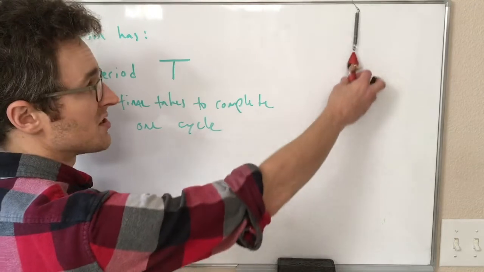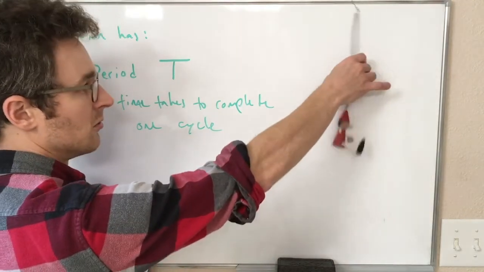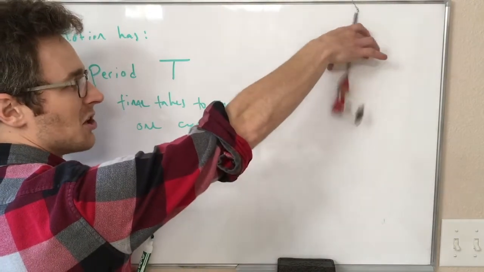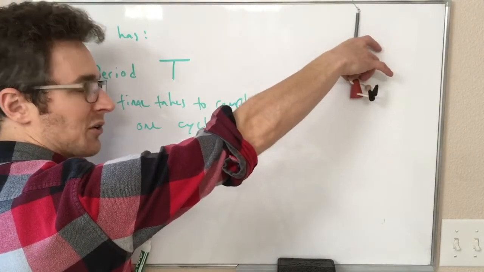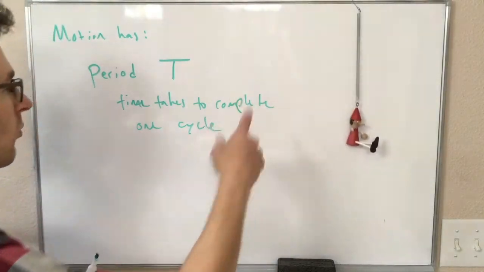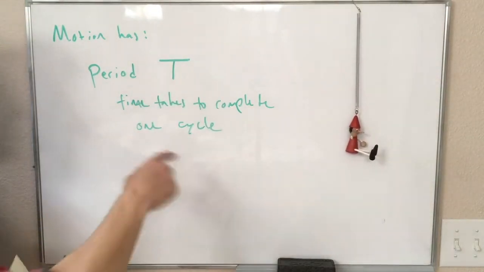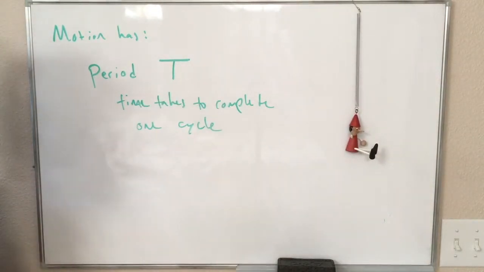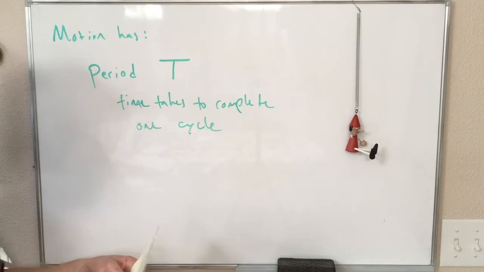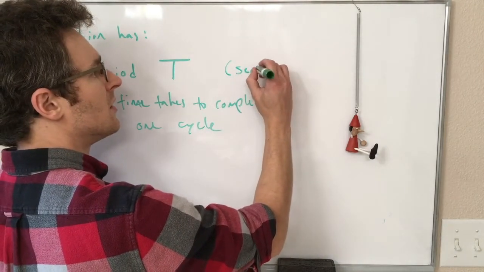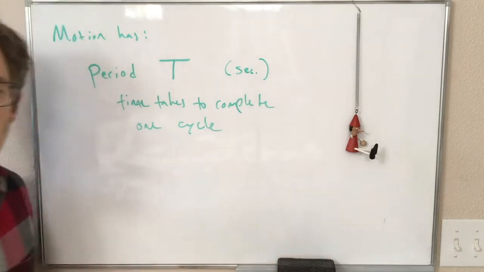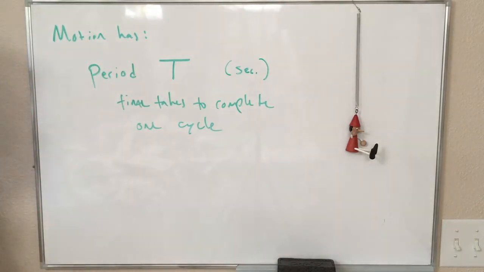It turns out that's also the same as the time it takes it to go from the top down and back up to the top again. So no matter what point in the cycle you're measuring, the period is the time it takes to return to that same point in the cycle. Since this is a time, we measure this in seconds, just like any other time for SI units.